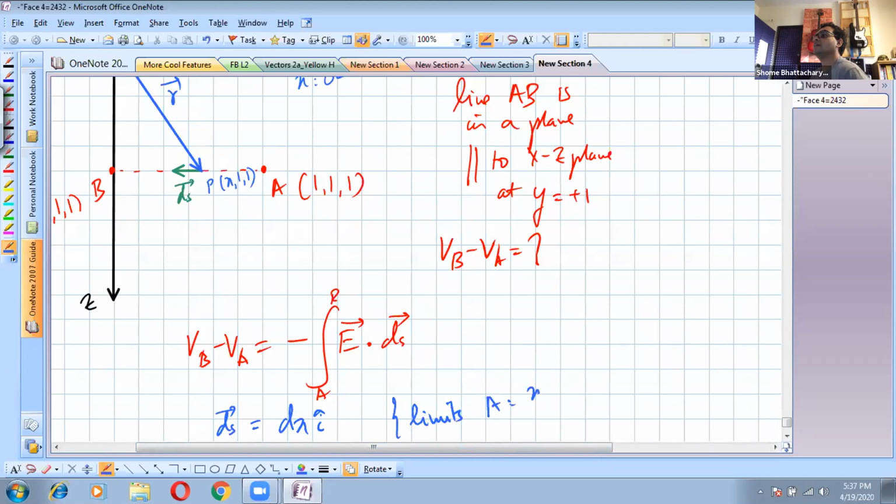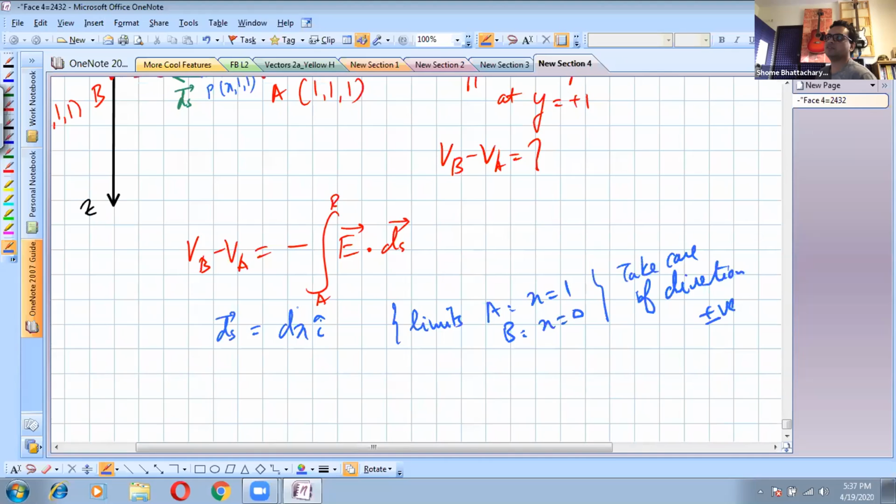That is, at a, x equal to 1, at b, x equal to 0. That takes care of direction. So whether the direction is positive or negative, that is taken care of by the limits. The important thing is that the line is parallel to the x-axis. So your ds is some dx i cap. The limits take care of whether dx is a positive or a negative quantity.